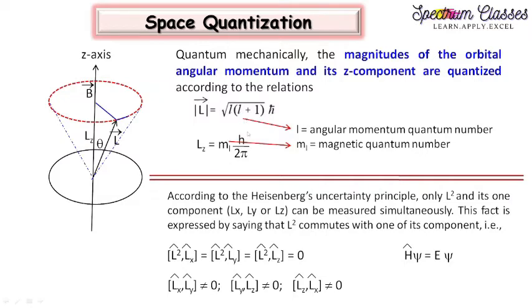So these are the eigenvalues on solving this commutation relation. I am not going into the detail of that commutation. If you are interested, then you can write to me and we will do that. The next thing is that Lx and Ly do not commute with each other, so simultaneously we cannot determine these two components.